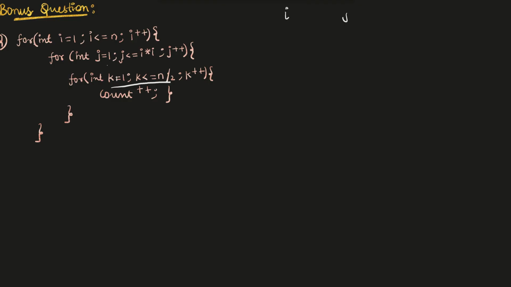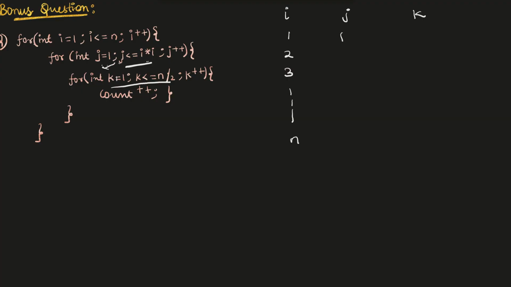I, j, k. Value of I is from 1, 2, 3, so on up to n. Value of j is from 1 to less than or equal to I square. First time when you put I is equal to 1, it goes from 1 to 1. That is just 1. When you go to the next time increasing I value, it becomes 2. 2 square would become 4.